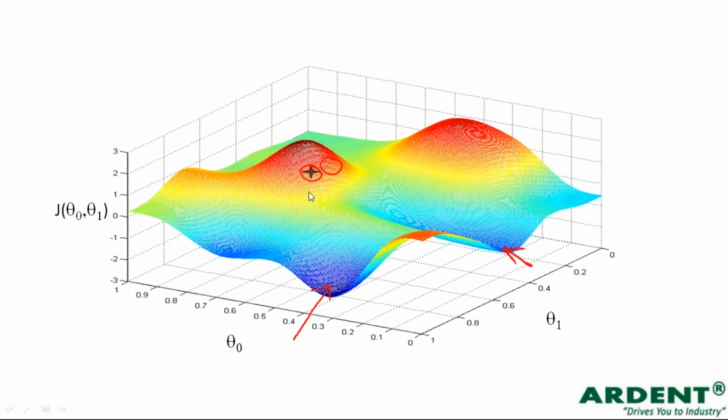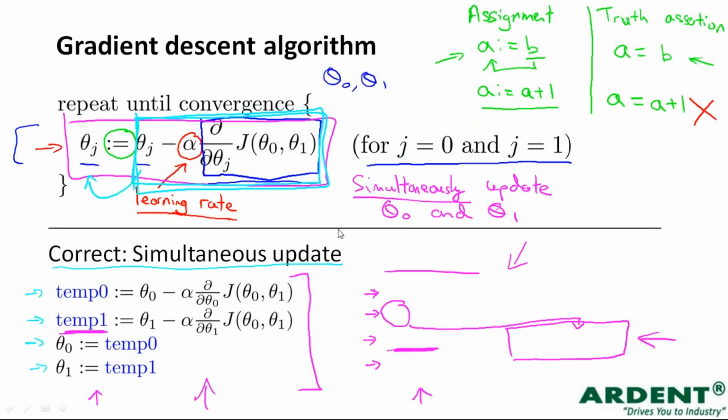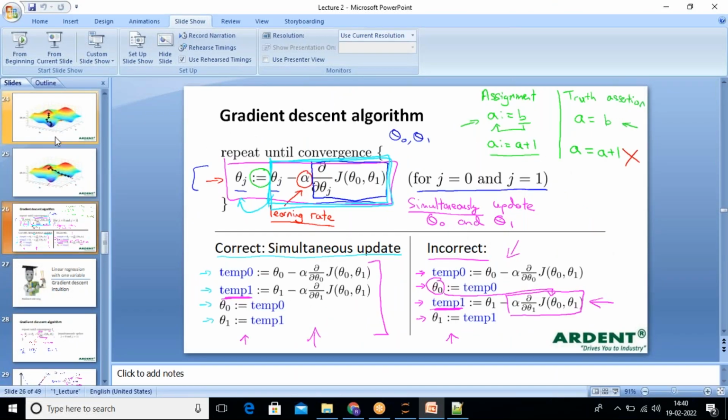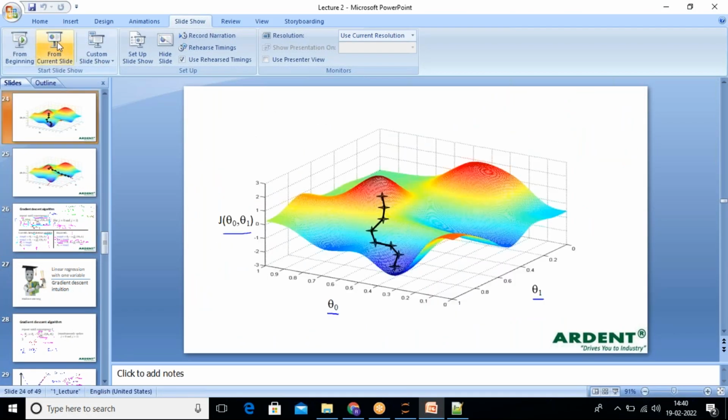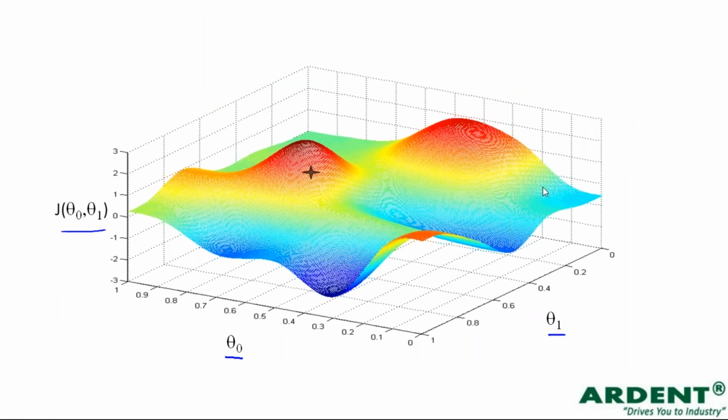So where were we standing? Automatically it will take the best path, and our error is getting minimized.